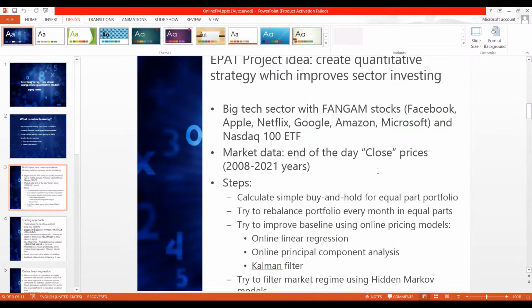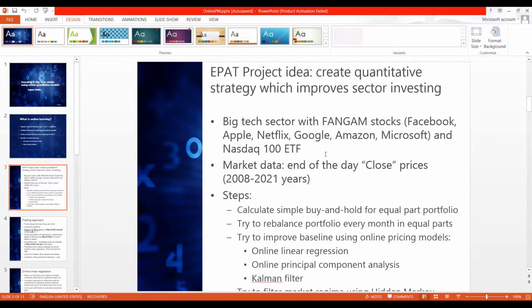So, what is the idea behind the project? The idea is to create a quantitative strategy that improves on simple sector investing. I chose big tech of the USA stock market as an example, and took the FANGM stocks, the most popular stocks: Facebook, Apple, Netflix, Google, Amazon, and Microsoft.